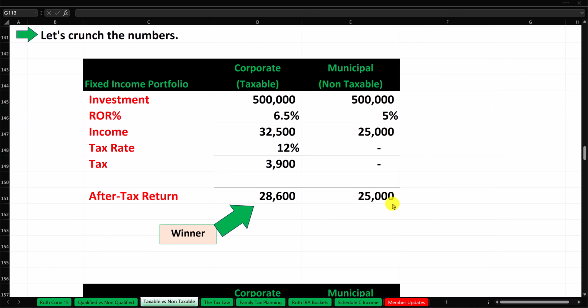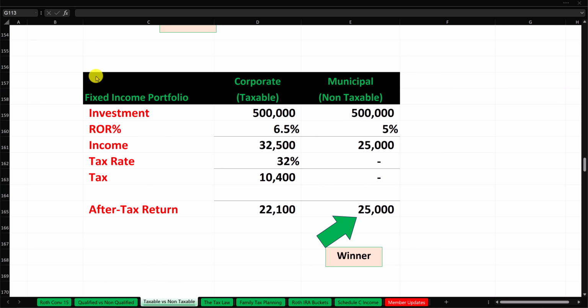Meanwhile, over here, we're still at $25,000 of after-tax return on the muni bond portfolio. So as you can see, in this fact pattern right here, when we have a tax rate that is on the lower end of the range, it turns out that the taxable income stream actually produces a greater after-tax return relative to the non-taxable income stream.